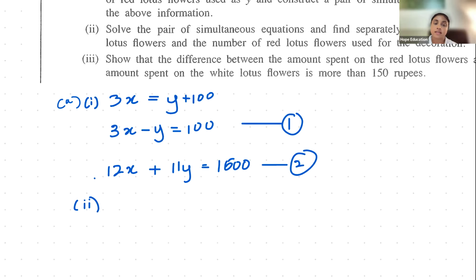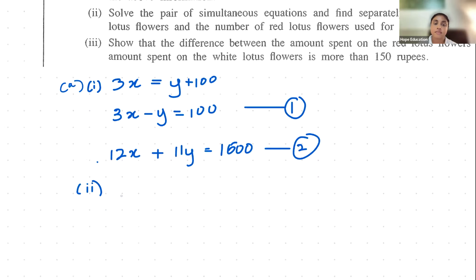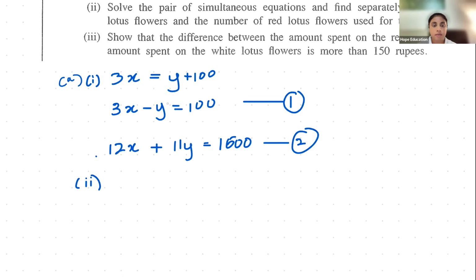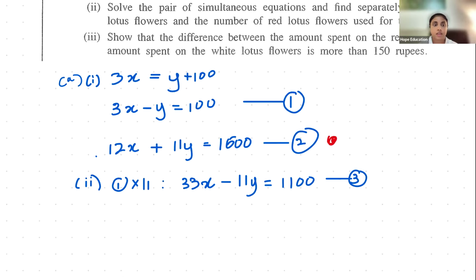I will take the 11y one. So first equation I will multiply by 11. I will get 11 times 3 is 33x. 11 times y is 11y. 11 times 100 is 1100. And I will label this as my third equation. So I have to consider my second equation and the third equation.